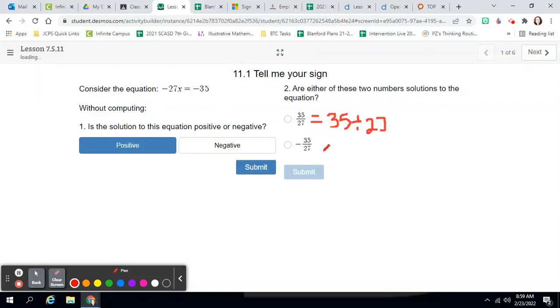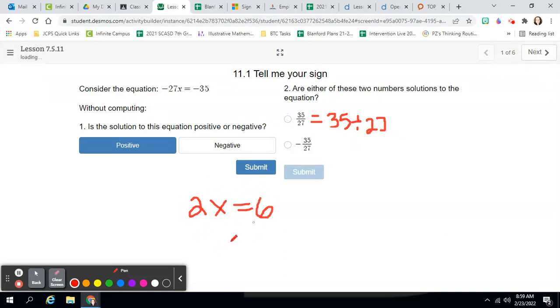So when I see this, first of all, I'm noticing both numbers 35 and 27 are here. Here's what I'm thinking. If I had to solve the problem, let's say 2x equals 6.